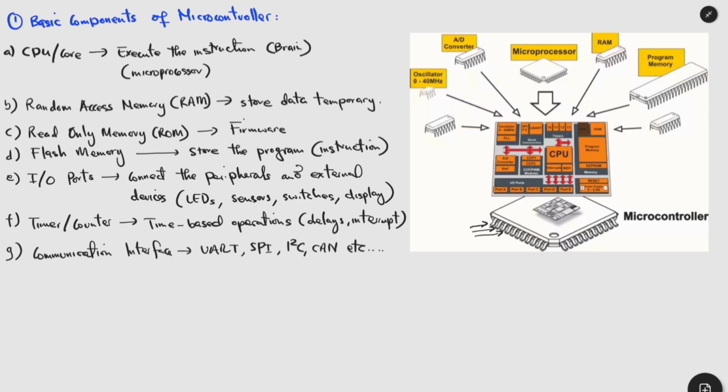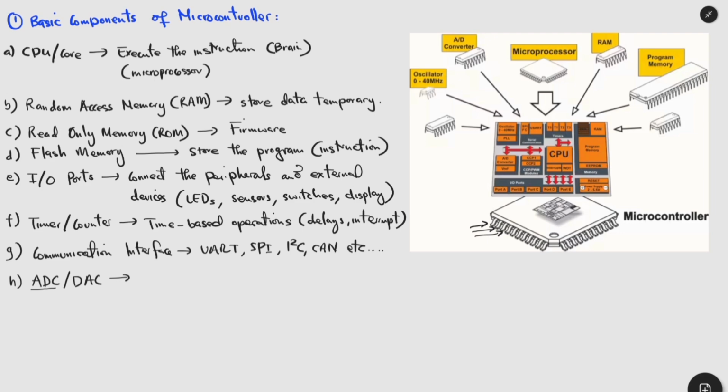And finally, we have the analog to digital converter and the digital to analog converter, abbreviated ADC, meaning analog to digital conversion, and DAC, meaning digital to analog conversion. That means if we want to convert an analog signal to a digital signal, then we normally use the analog to digital converter.